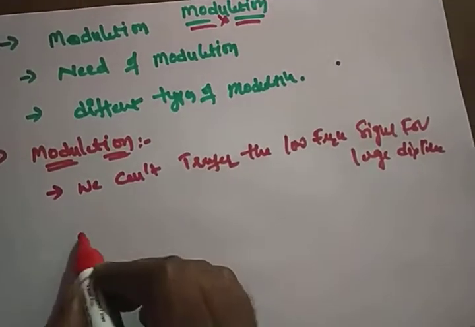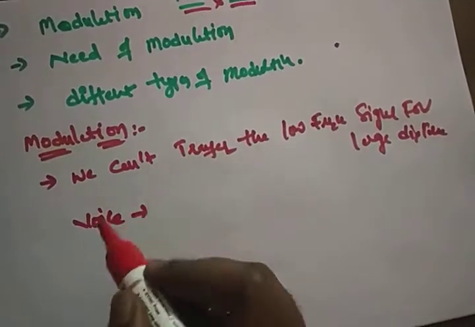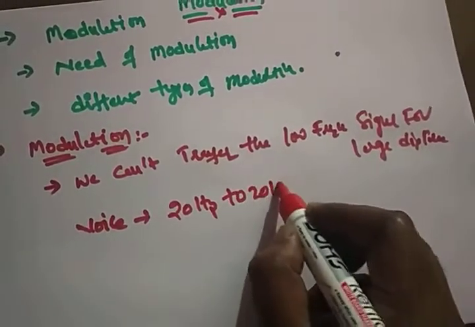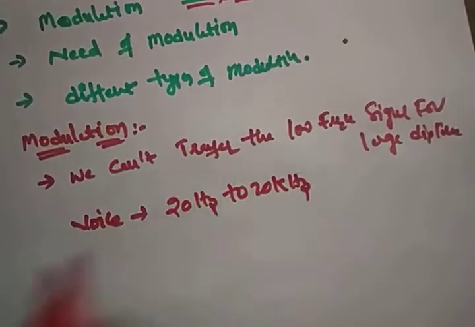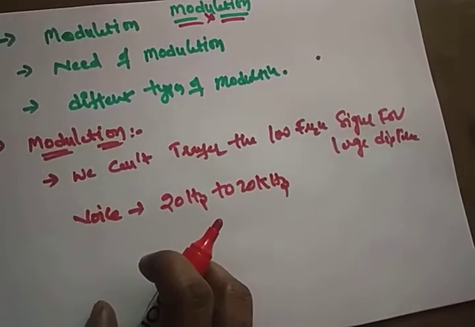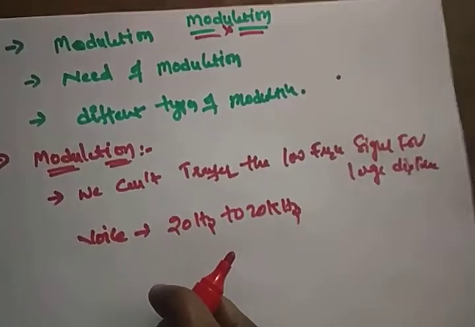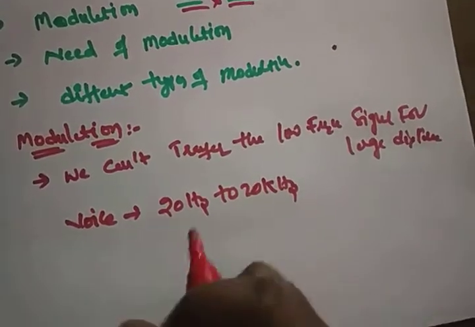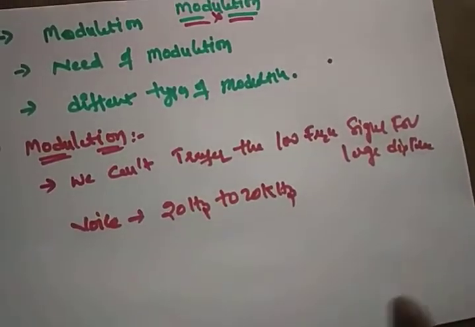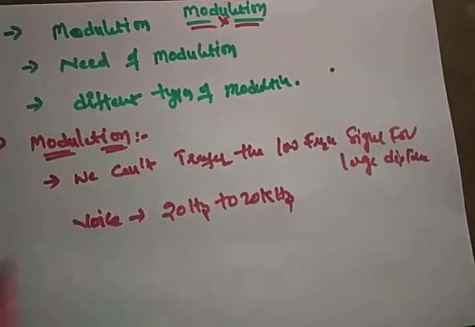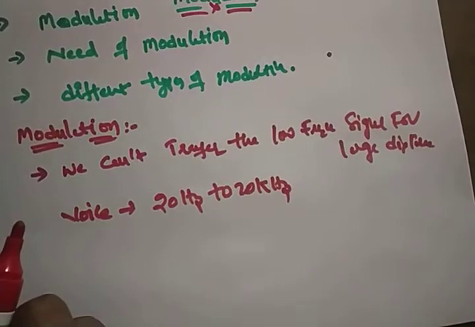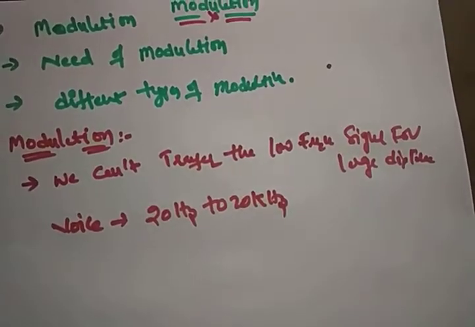You know the voice signal has a frequency of 20 Hz to 20 kilohertz. So this is very low frequency. In electronics, when the frequency is high, the size is very small. We'll see that in another concept. So the voice signal, which is 20 Hz to 20 kilohertz, is a very low frequency.